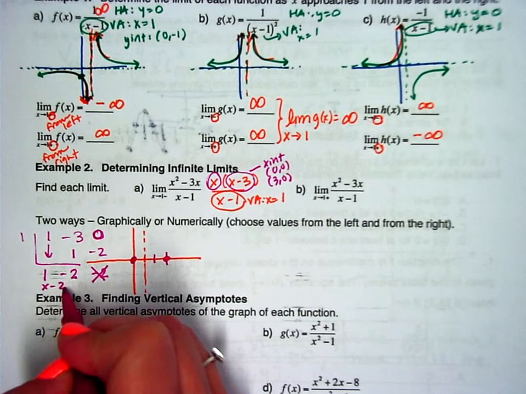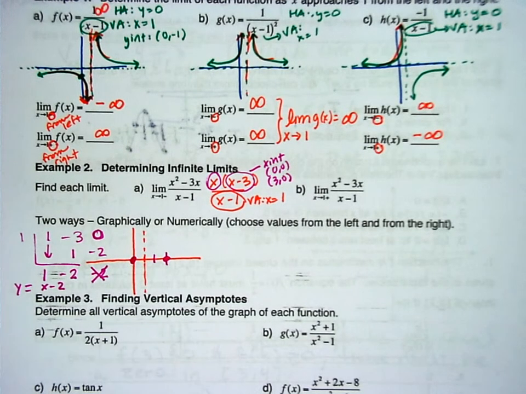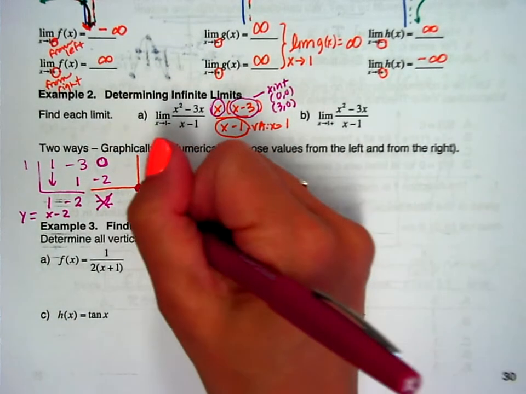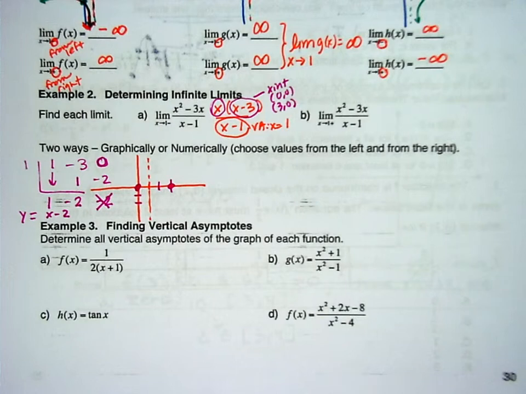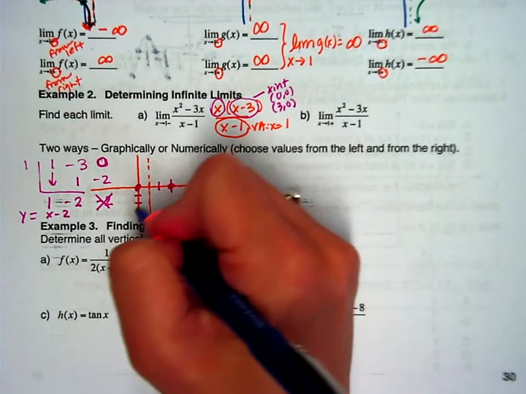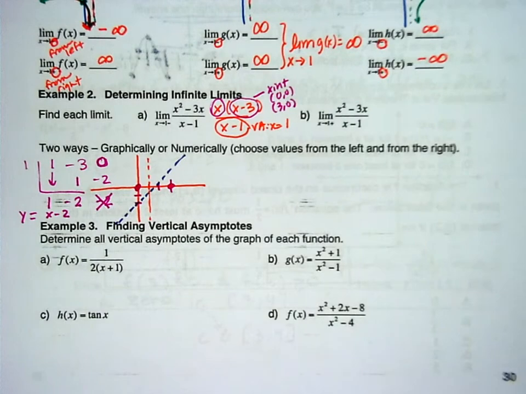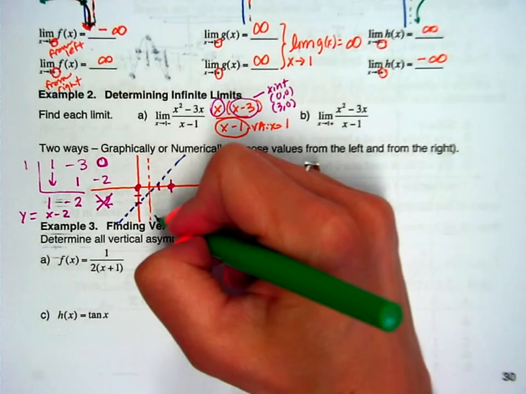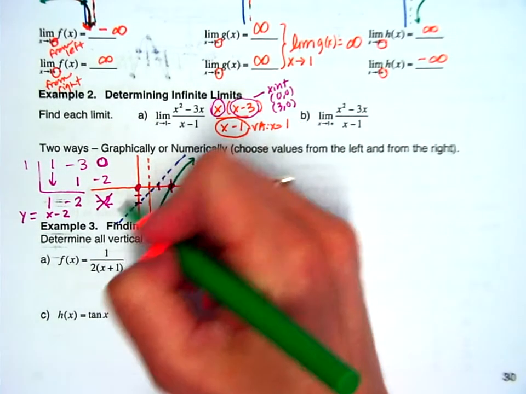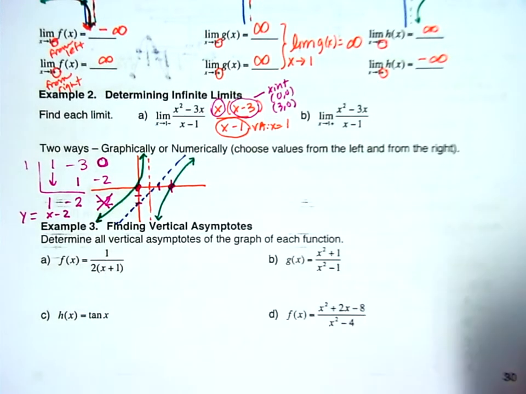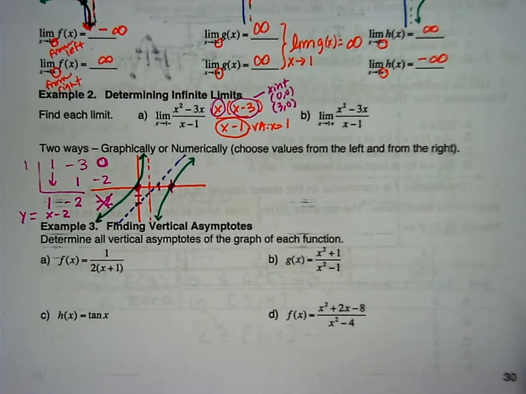So oblique asymptote, that's not hard, is x minus 2. Makes sense then, right? So I'm assuming my graph does something like this. Okay? Good little refresher.